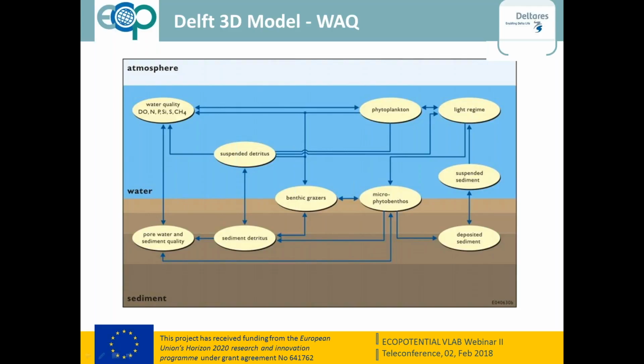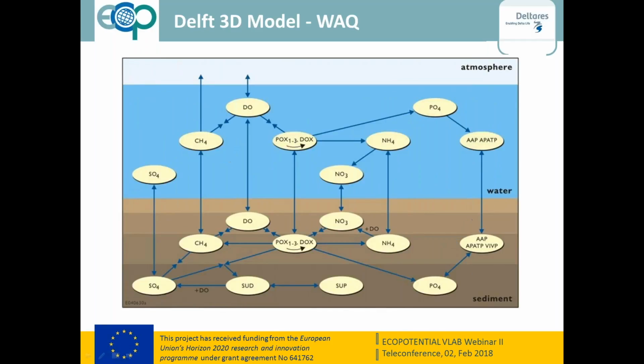Additionally, the pore and sediment water quality is monitored, and all these elements are put into outputs in large map files, which are the dynamic output source, which can be accessed through a variety of tools, which are also provided.